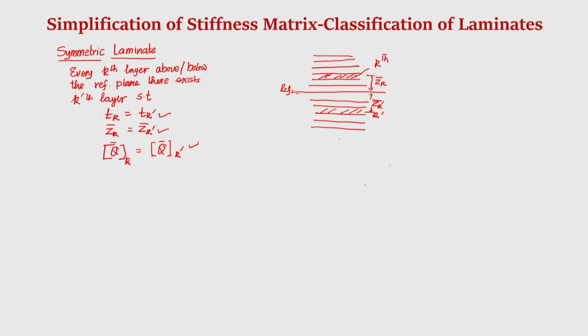Okay. So, this is the definition of a symmetric laminate. Basically, it maintains a symmetry with reference to the mid surface. Whatever is above the mid surface, below the mid surface is just the reflection of that.